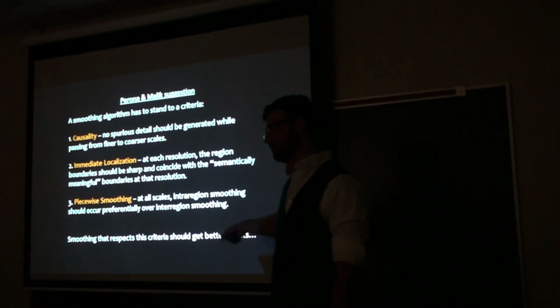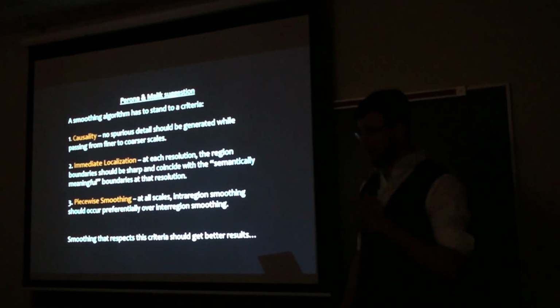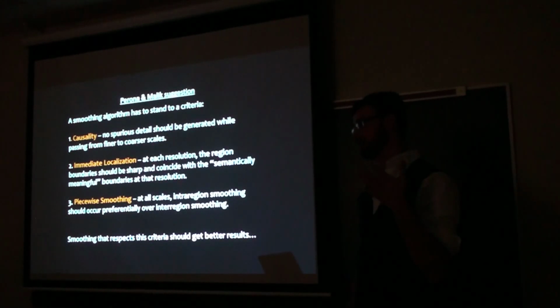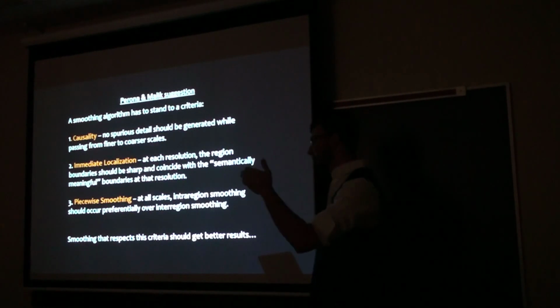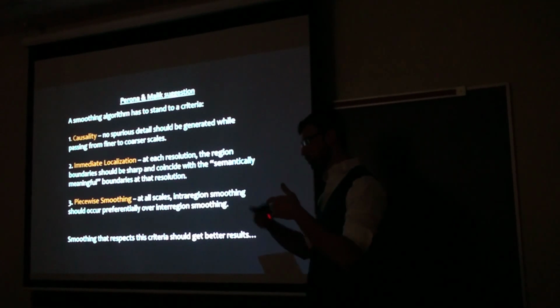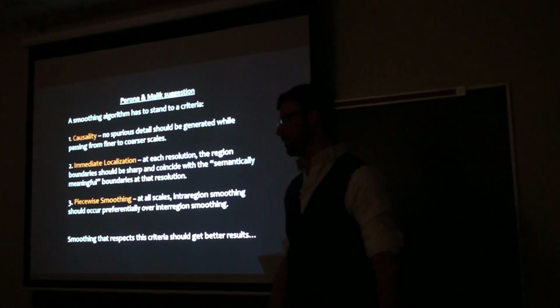Sorry, I forgot to put a hyphen right there. So essentially, if I had an area that is black with a few spots of freckles, it should consider that to be intraregional and smooth that area a little bit better than it would at an edge, which is not intraregional, it's cross-regional. Smoothing that respects this criteria should get better results, right?